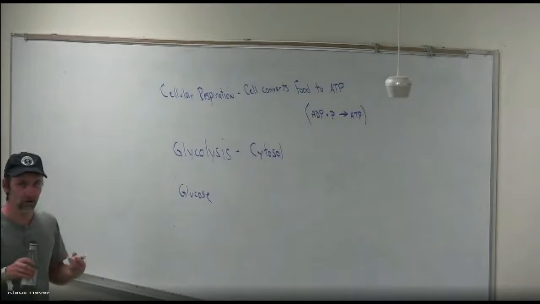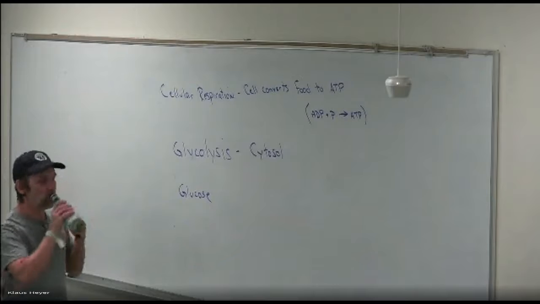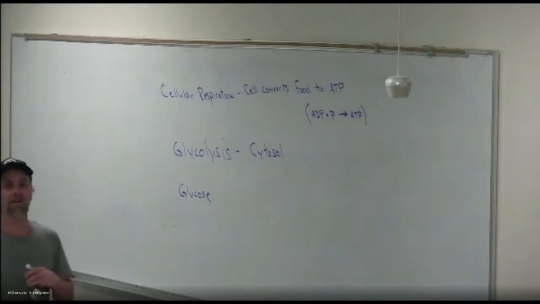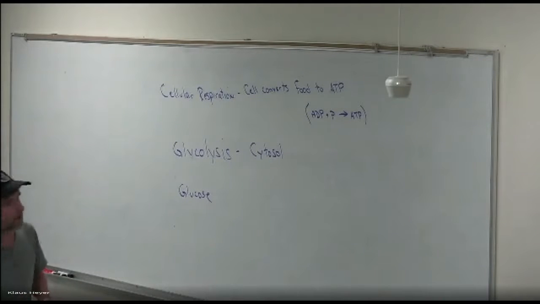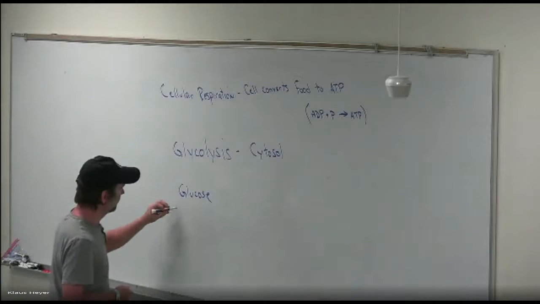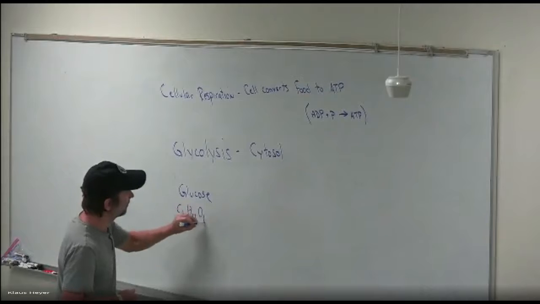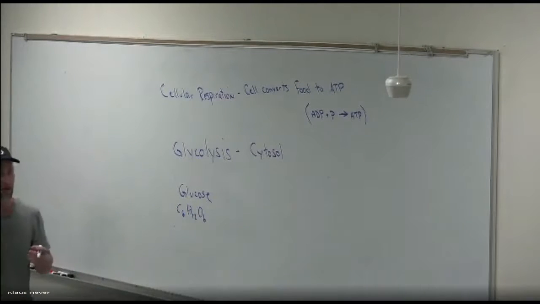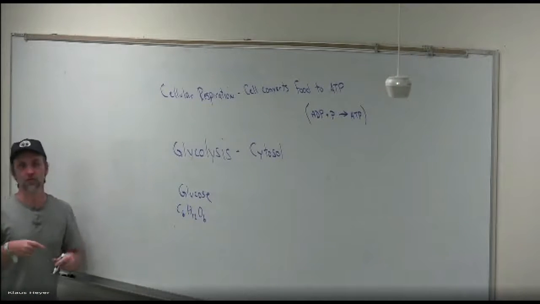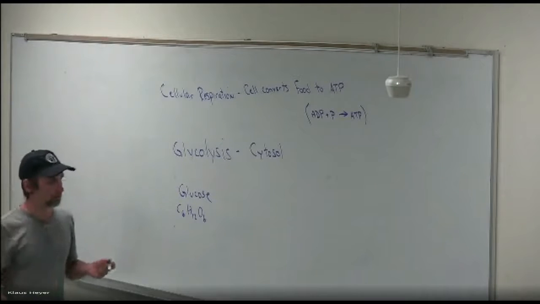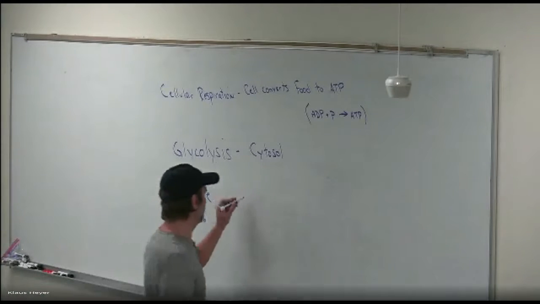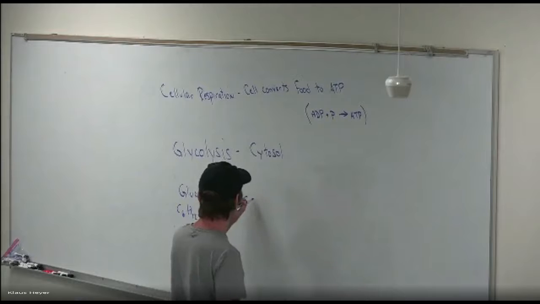In the case of glucose, it has six carbons. Remember, it's C6H12O6. So it has 6 carbons. What I'm going to do is just draw circles and put C's as carbons.